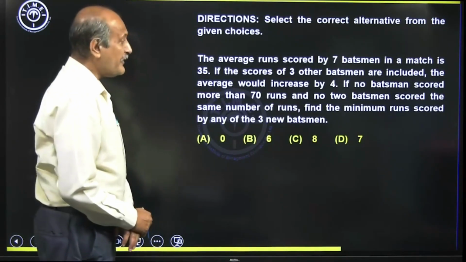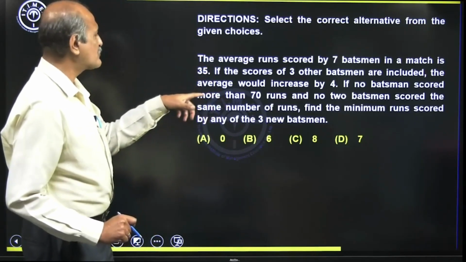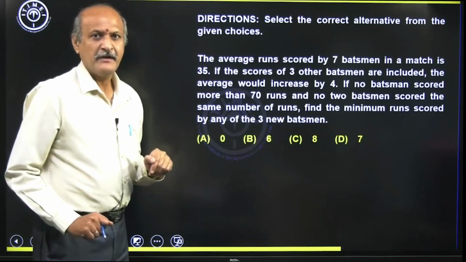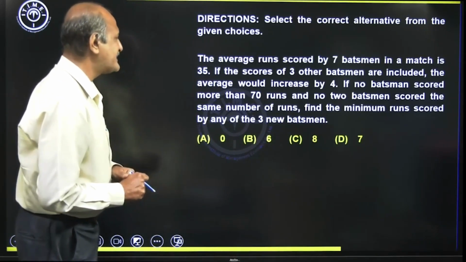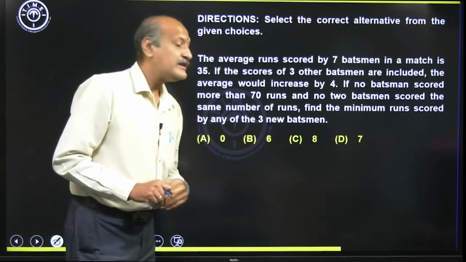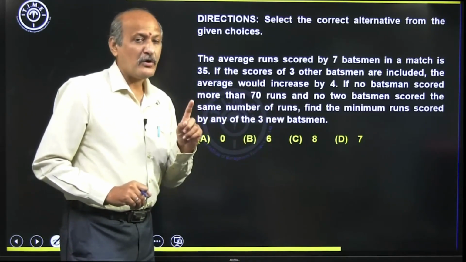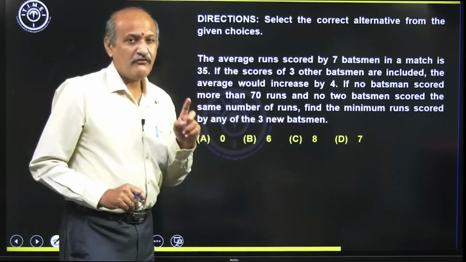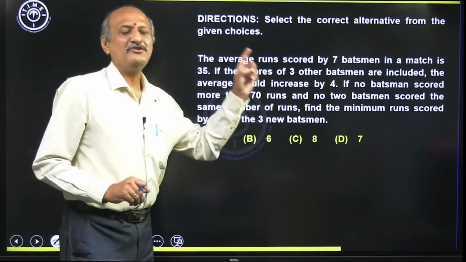Now it reads further: if no batsman scored more than 70 runs and no 2 batsmen scored the same number of runs, find the minimum runs scored by any of the 3 new batsmen. We want the minimum score of any of those 3 new batsmen.